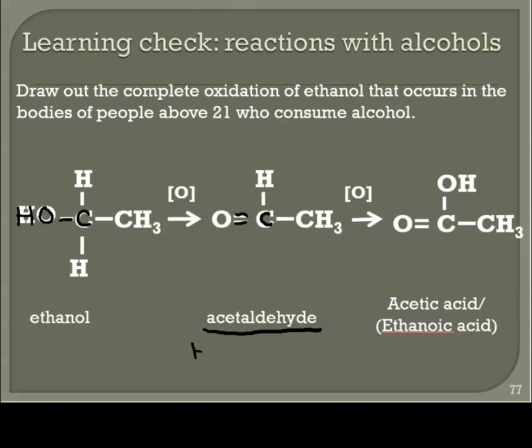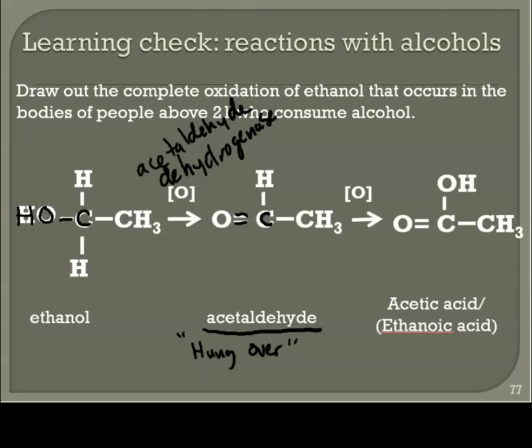This is what we're going to get if our body is not able to process this and eliminate this from our bodies effectively. This process is generally regulated by an enzyme called acetaldehyde dehydrogenase.